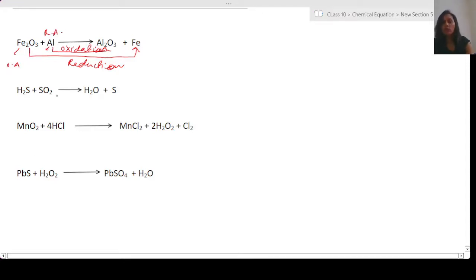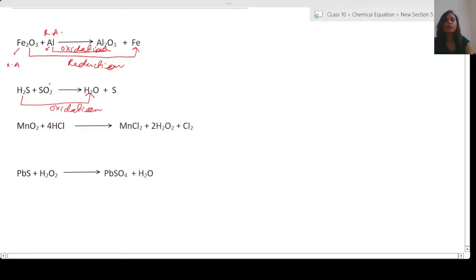H2S plus SO2. Here H2S is changing to H2O, that is, there is a gain of oxygen by hydrogen. So this is an oxidation reaction.